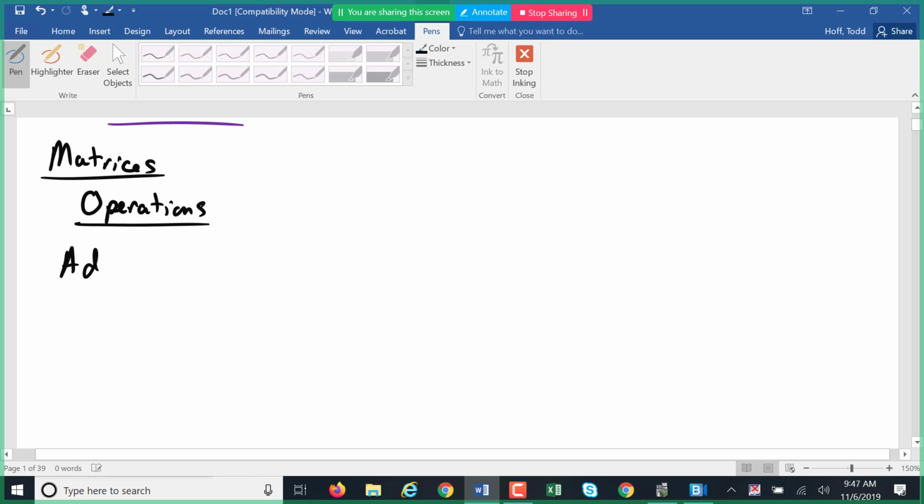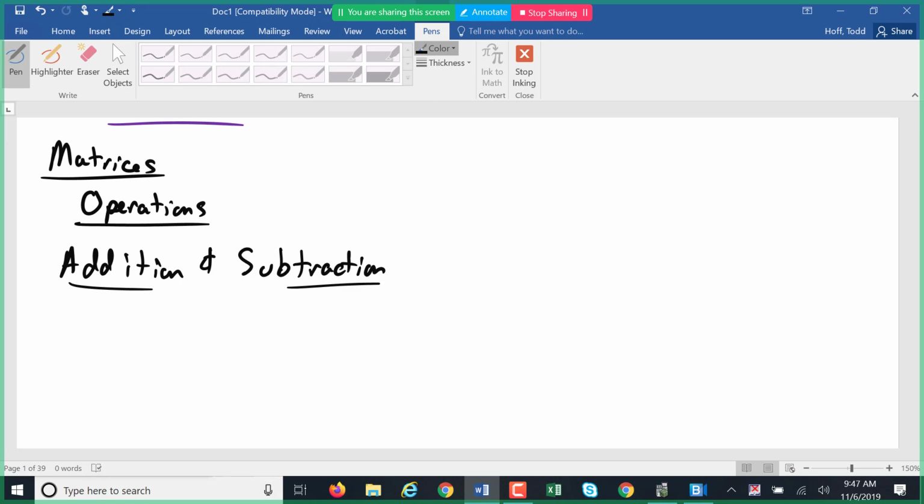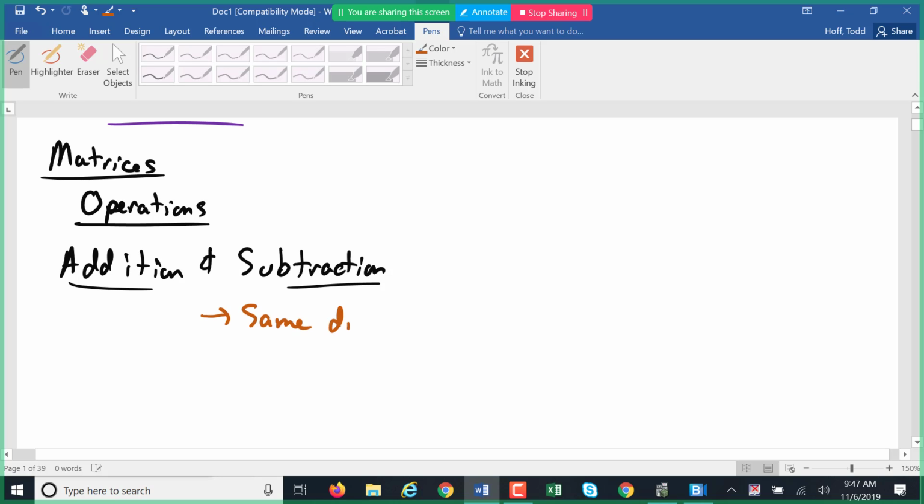We're going to talk about addition and subtraction first. For addition and subtraction to occur with matrices, the matrices being combined must have the same dimensions.